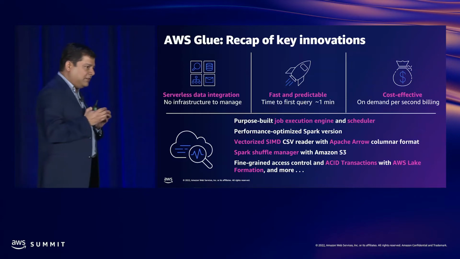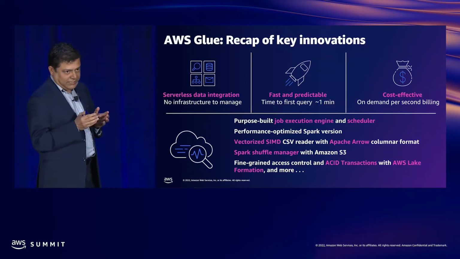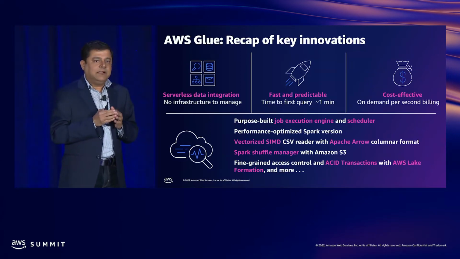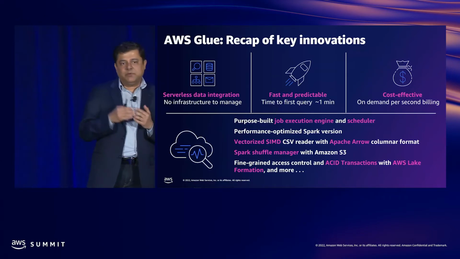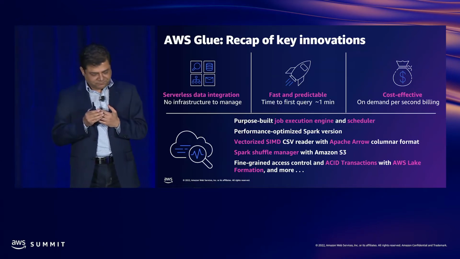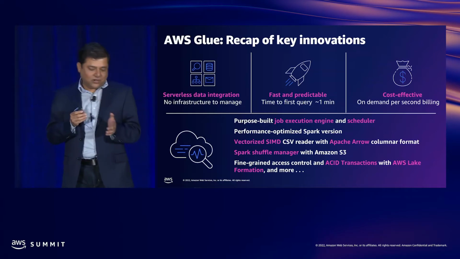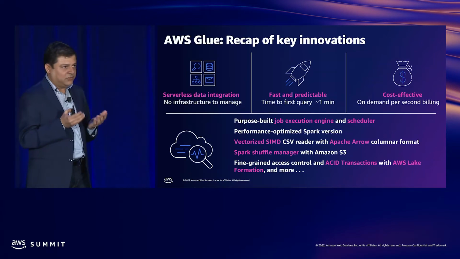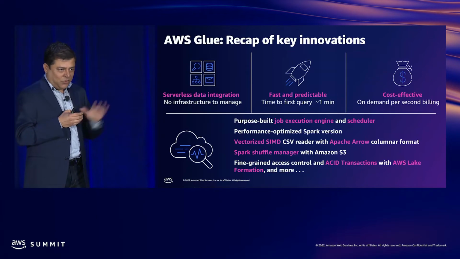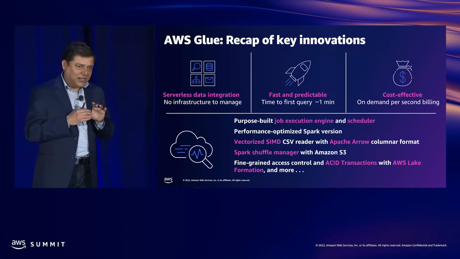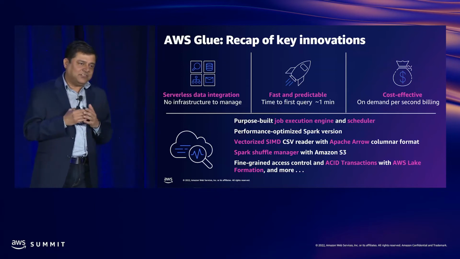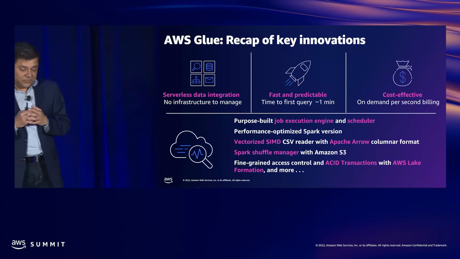With the Shuffle Manager, you can actually avoid all that. Glue will identify those errors and ensure that that doesn't happen by spilling the data over to S3. And last but not least, fine-grained access control through Lake Formation. Now, we don't have time to talk about all the innovations that Glue has delivered. There are a bunch of blog posts and sessions that were done in the past, and you can refer to those.